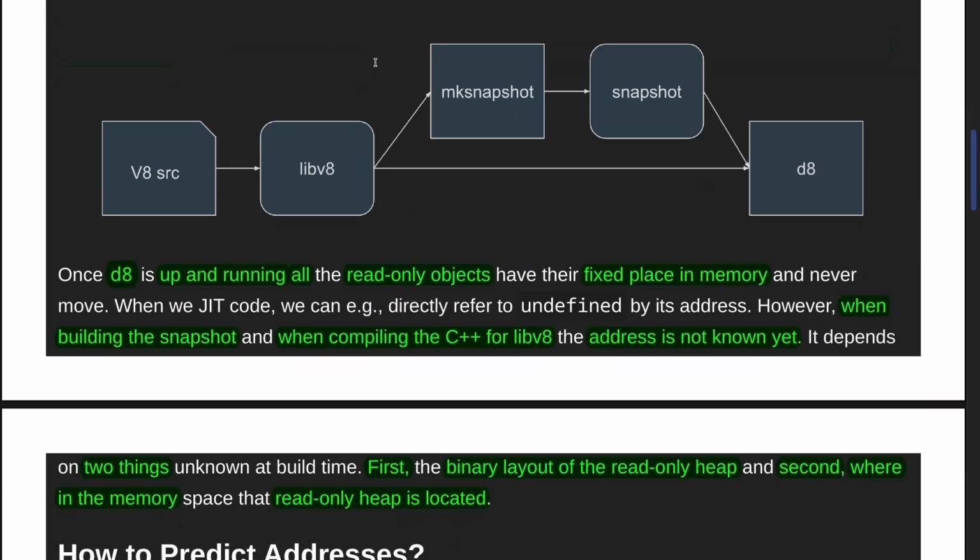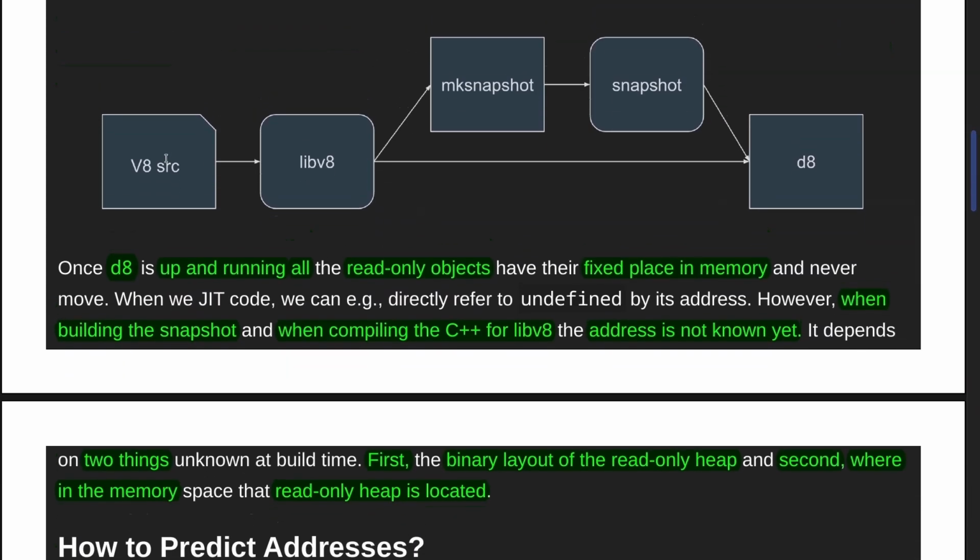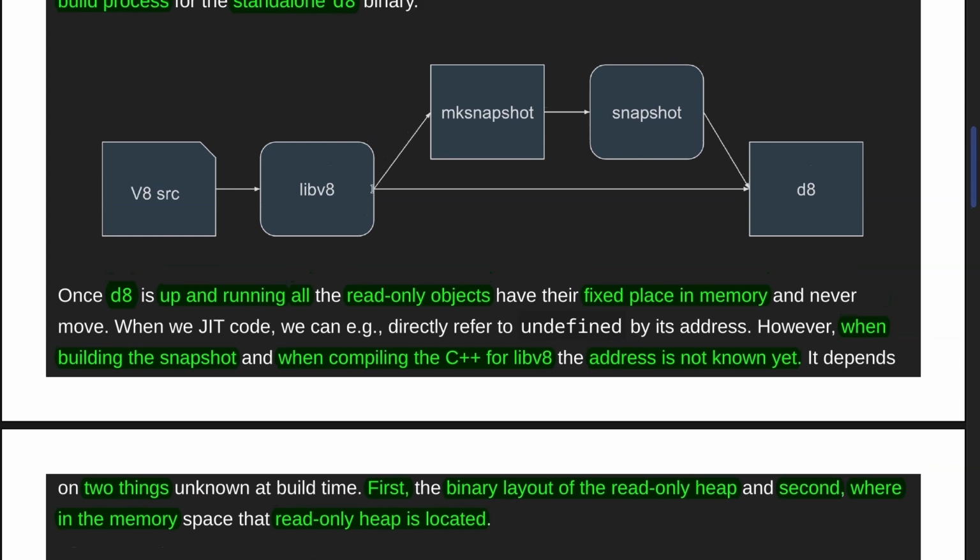So we have the V8 source, which is compiled to libv8, and we have to check first if we have a snapshot. We proceed to D8, and if we don't have one we should go and run mksnapshot, then load the snapshot, and then run V8.